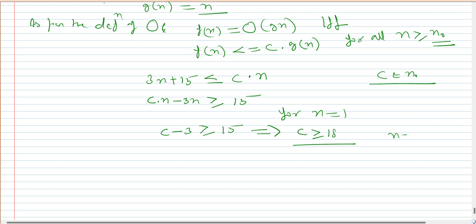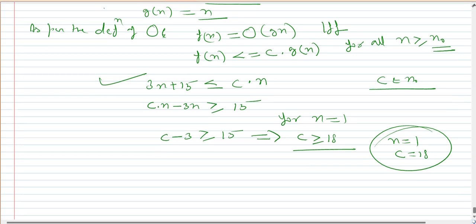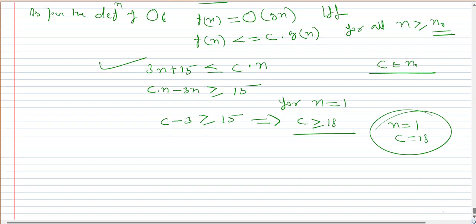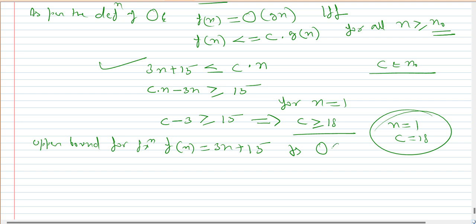So for n is equal to 1 and c is equal to 18, this inequality holds, and therefore we can say that the upper bound for function fn is equal to 3n plus 15 is Big O of n for n is equal to 1 and c is equal to 18.